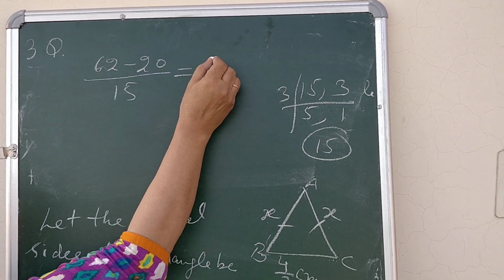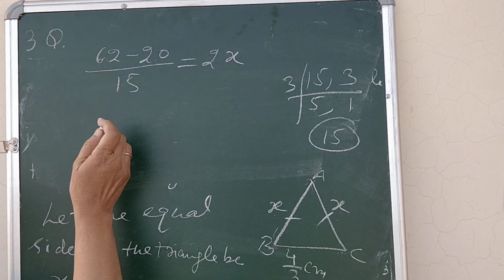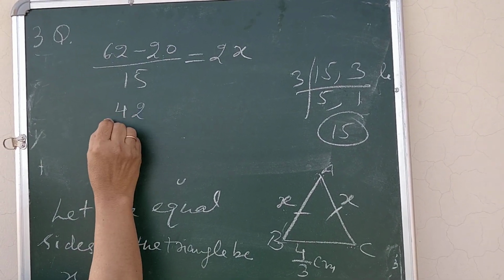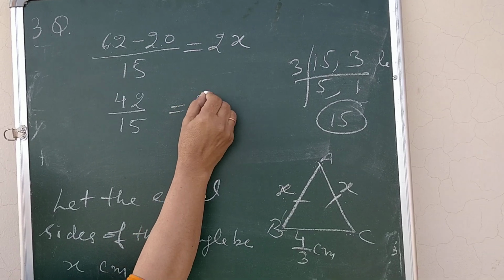Now 2x, 62 minus 20, you will get 42/15 equal to 2x.